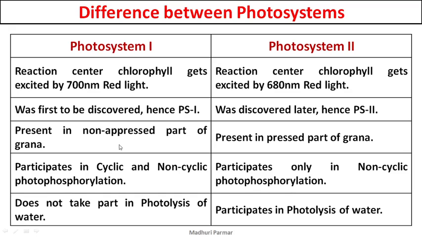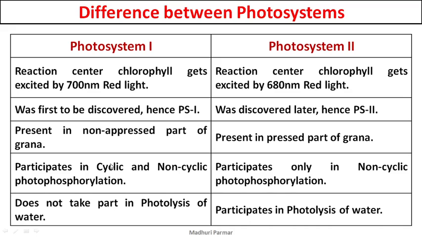Clear? Fine. Photosystem 1 participates in cyclic as well as non-cyclic photophosphorylation. If you do not remember this for now, it's fine. We will be discussing this later. So just remember this point, that it participates in cyclic and non-cyclic photophosphorylation, while photosystem 2 can only participate in non-cyclic photophosphorylation.